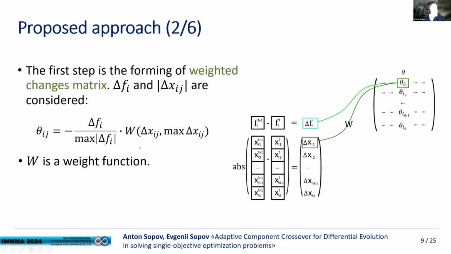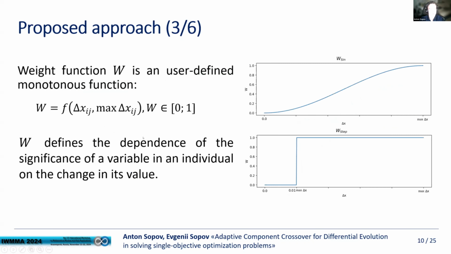That's how we calculate the weighted change matrix. We take the projective function change, delta f, and multiply it with a weight function, which looks like this.